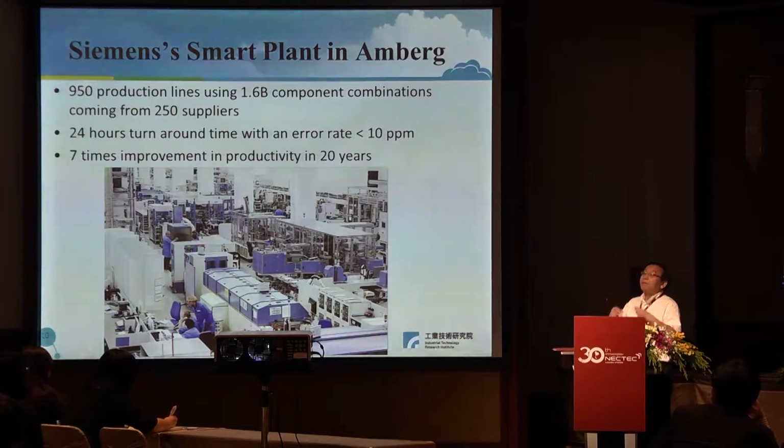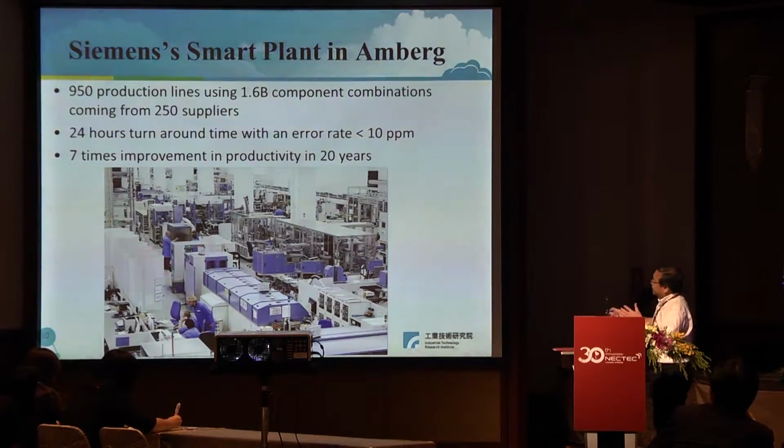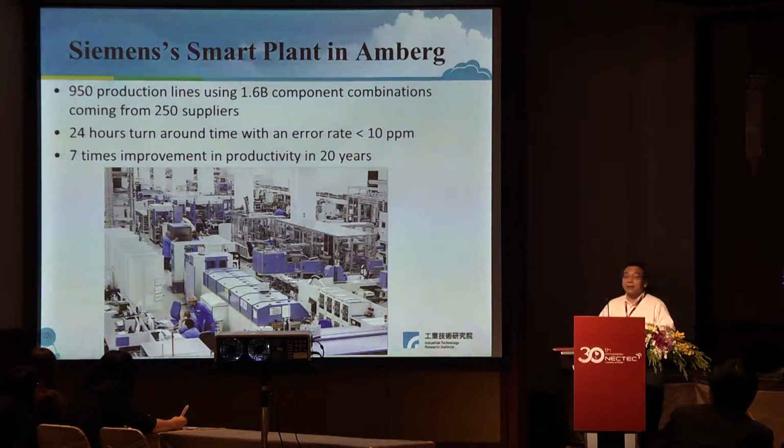For every million components it produces, fewer than 10 are errors. And over 20 years, the space doesn't change and the number of people doesn't change, and it achieved a 6 times improvement in productivity just by using various forms of that IoT technology that I alluded to.